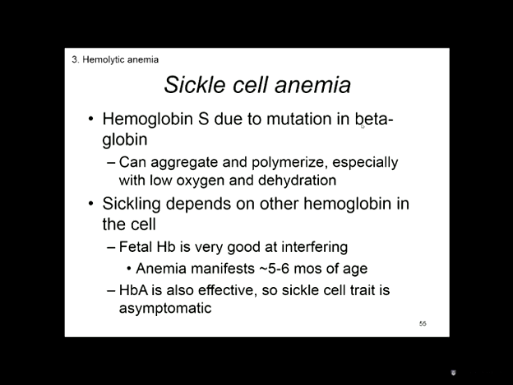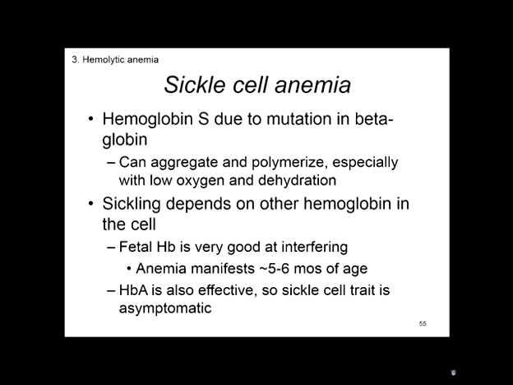Now, just as a general thing, when you think about it, beta thalassemia has mutations in the beta globin gene, so why does it clinically often present differently than sickle cell anemia? Because sickle cell anemia also has to do with mutations in the beta globin gene. Well, the difference is that in thalassemia, the mutations in the beta globin gene will lead to either reduction or lack of beta globin.